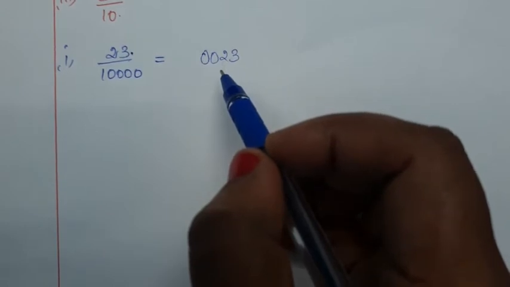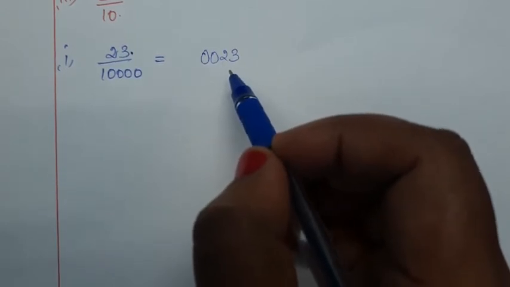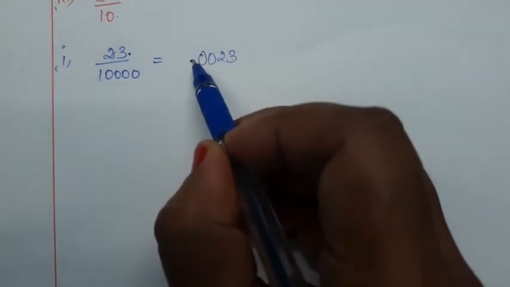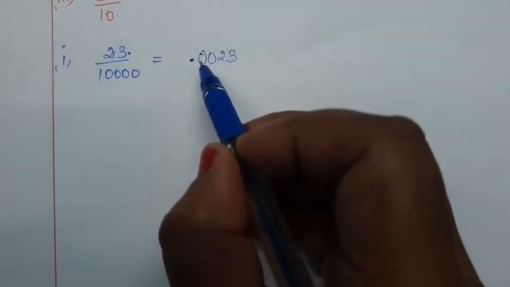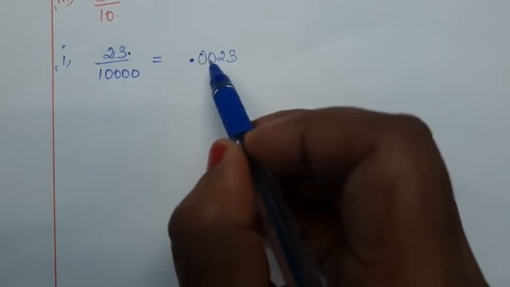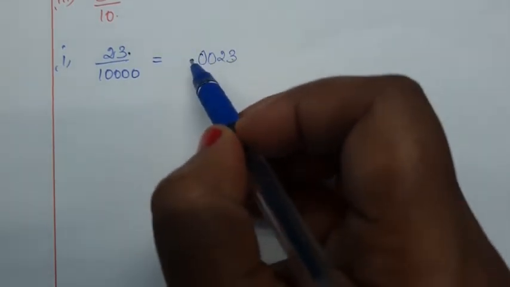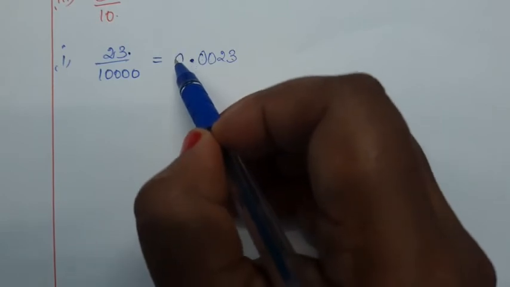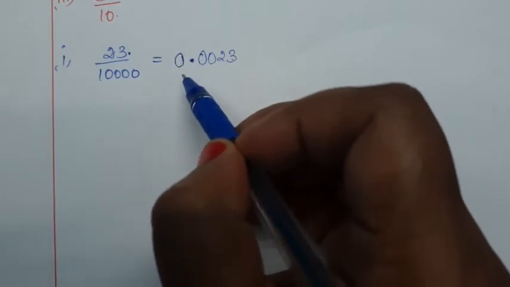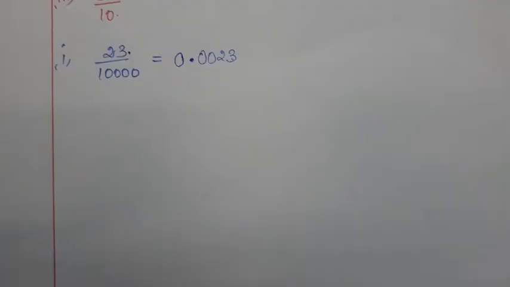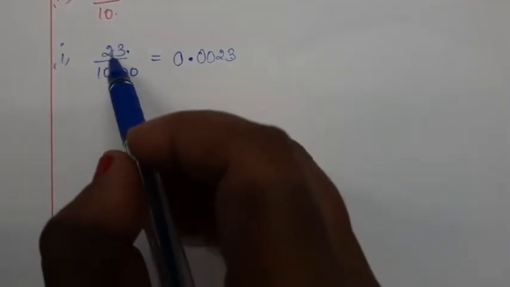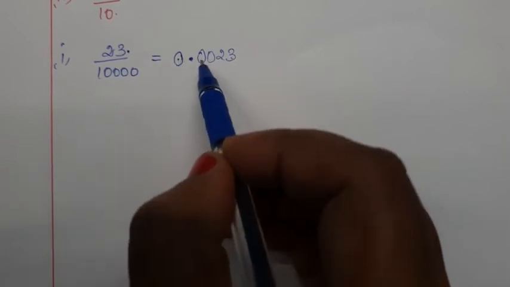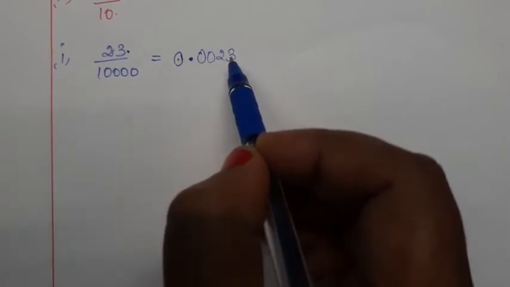Now we should move the decimal point 4 digits leftward from there. We get 0.0023. Before the decimal point we have nothing, so we should add 0 in that place. Hence, 23 divided by 10,000 is equal to 0.0023, the required answer.